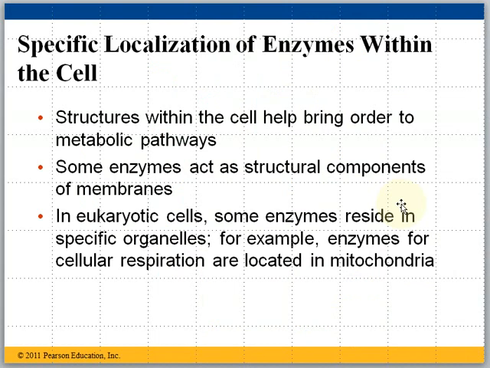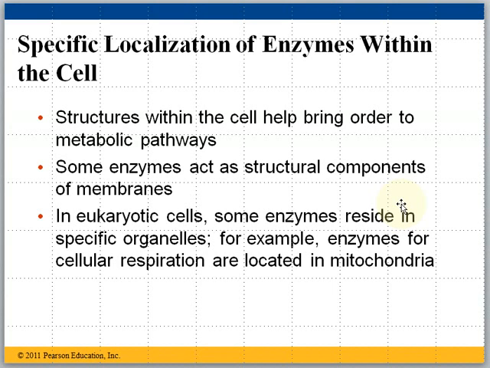The last and final thing we're going to say is that sometimes the way that the cells or the organism help control this whole process is by keeping enzymes in certain areas, within certain cells or certain cell structures. That way these enzymes are not free to speed up chemical reactions everywhere. You have a controlled process where they're kept in a certain spot.